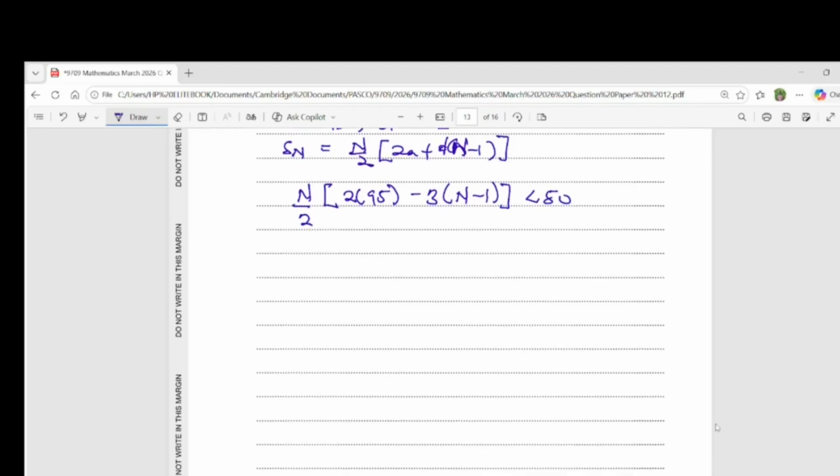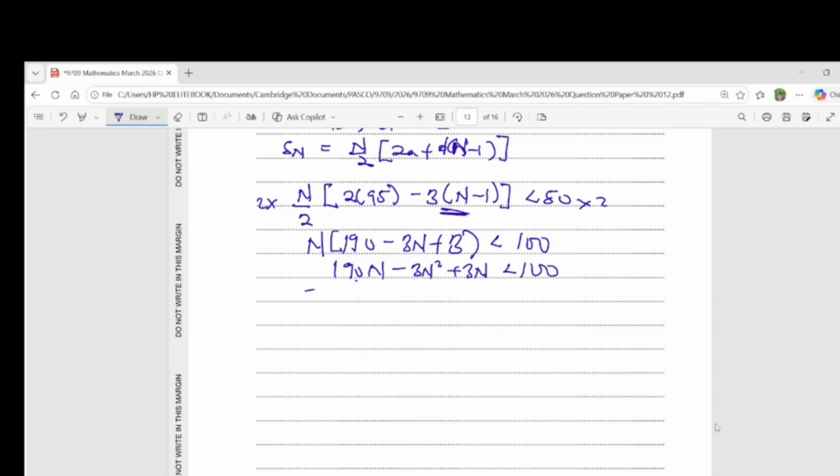Then we try and work around this. So let's see. We are going to multiply through by 2 to make sure that the fraction is cleared out. So we have over here n, and then 190, minus 3n plus 3 after expanding the brackets. It's less than 50 times 2, which is 100.